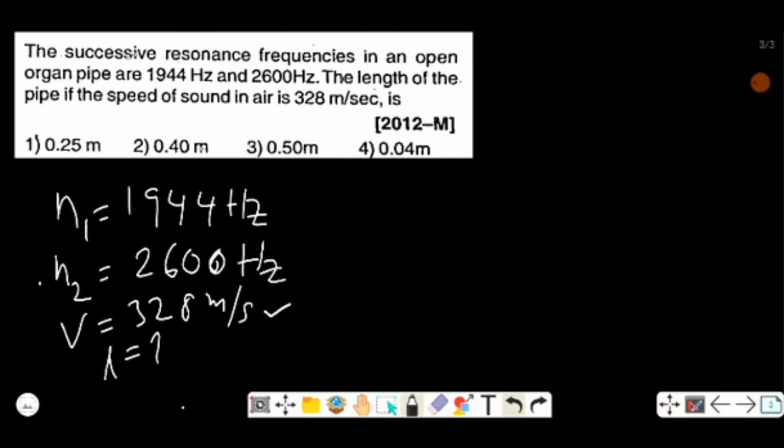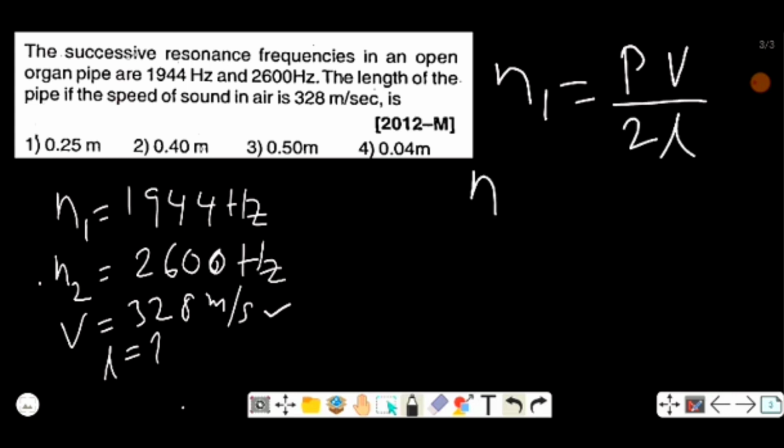So calculate the length, given two successive resonant frequencies of the open organ pipe. Suppose the first frequency N1 is equal to pV by 2L for an open pipe, and the successive frequency N2 is equal to p plus 1 of V by 2L.